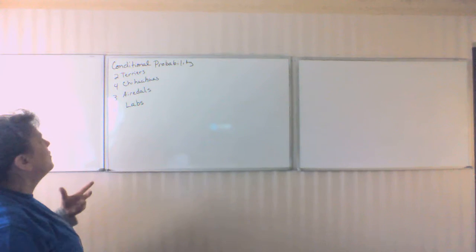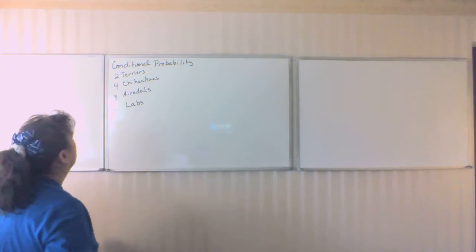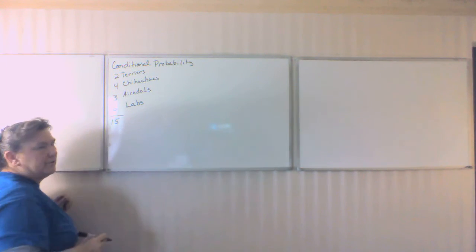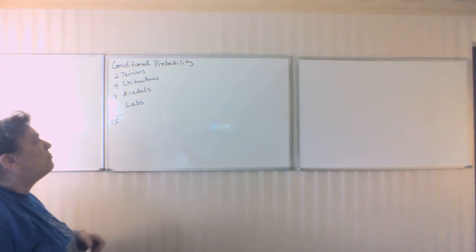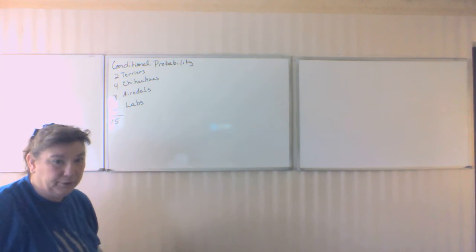Okay? So how many dogs do we have in our pet store? Well, we've got 10, 13, we've got 15 animals altogether. 2 little boys come to the pet store, and they both want a terrier.